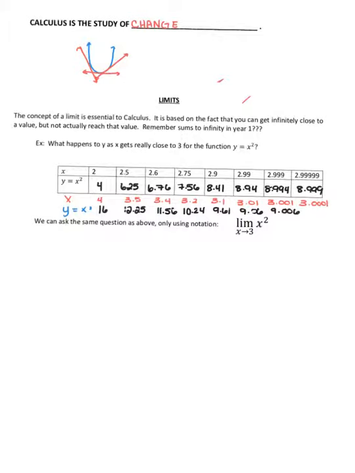We get closer to what number? 9, right? That's called direct substitution, okay?